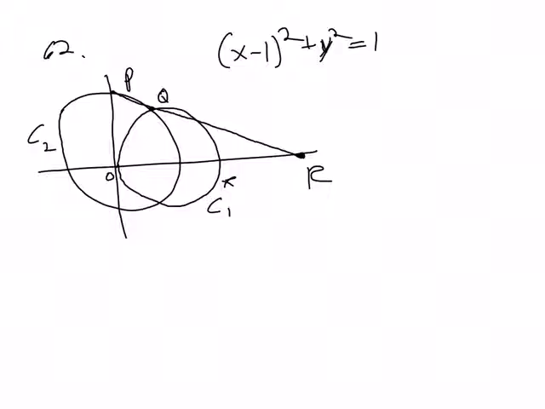And the second circle, C2, is shrinking and shrinking, and it's going to end up just being a dot right there. C2 is given by the normal circle equation, x squared plus y squared equals r squared. And the question is, what is the limit as r goes to 0, where is this point?